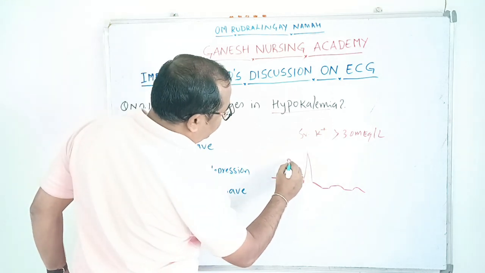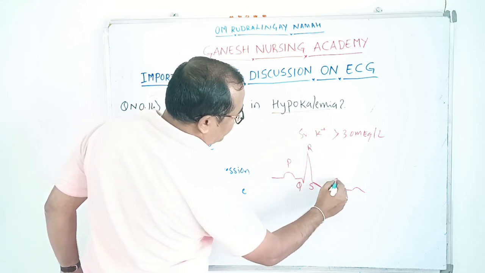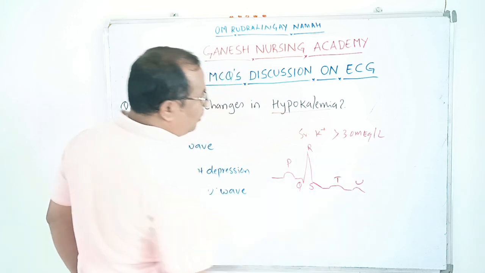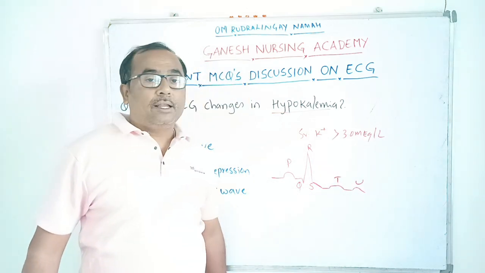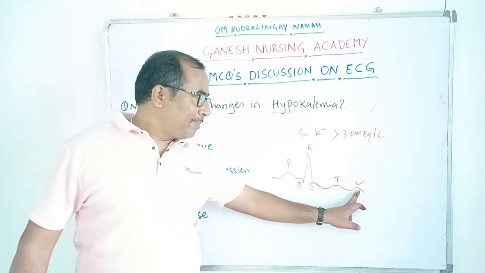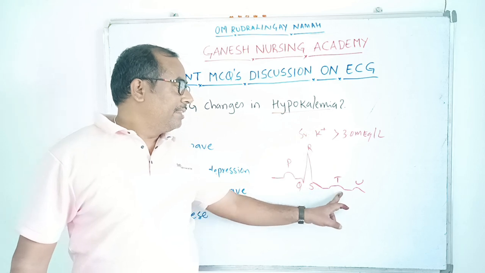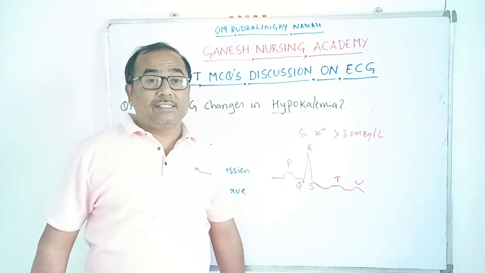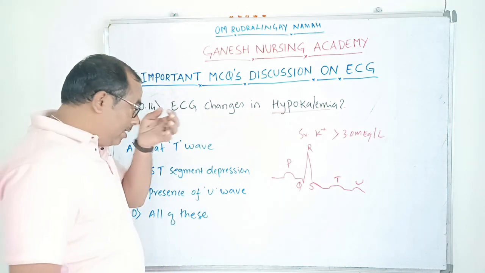So P wave, Q, R, S, this is the T and this is the U wave. Normally we don't see a U wave in a normal ECG, but the presence of a U wave, flat T wave and ST segment depression is the classical manifestation of hypokalemia on the ECG.